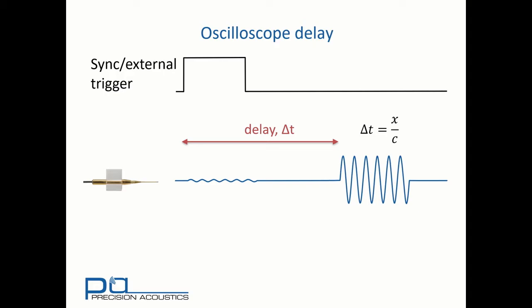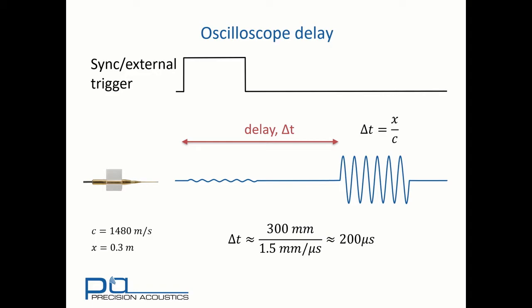We know there's a relationship between distance, speed, and time, as shown. And using typical values for speed of sound in water of 1480 meters a second and a distance of 30 centimeters, we could calculate an approximate time delay at which to set the oscilloscope.